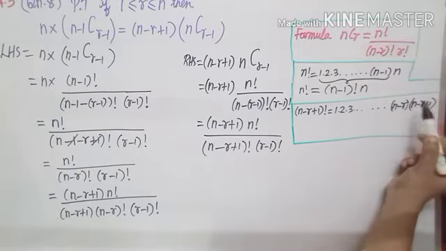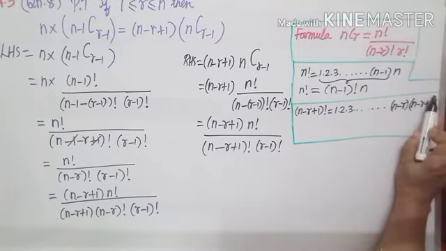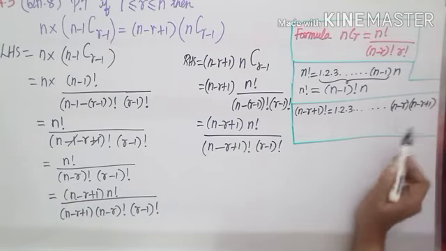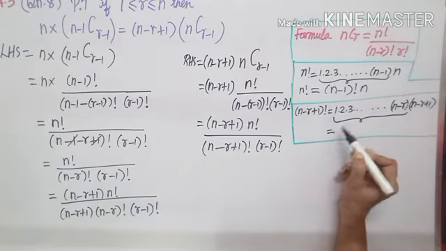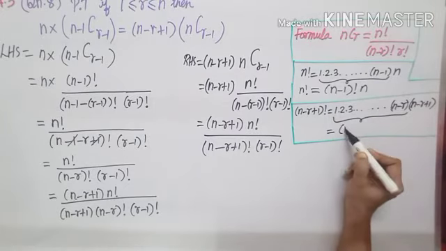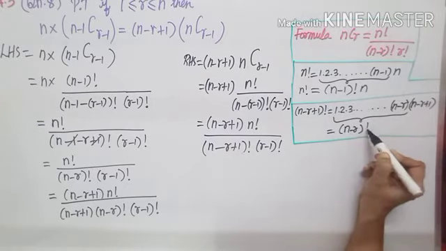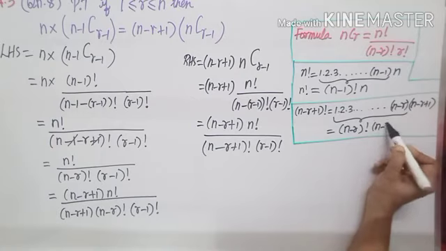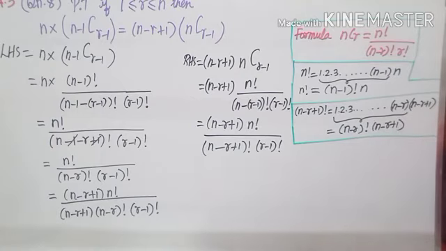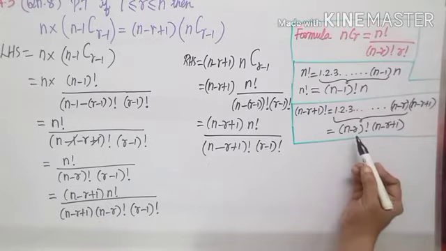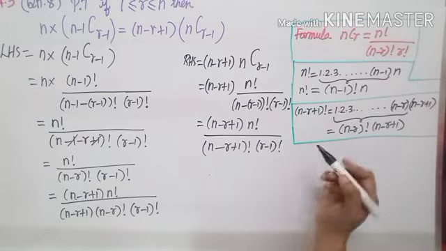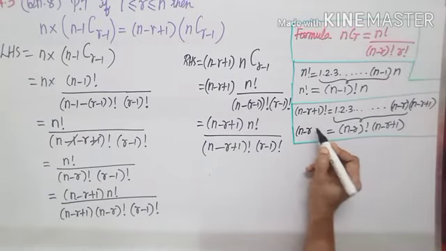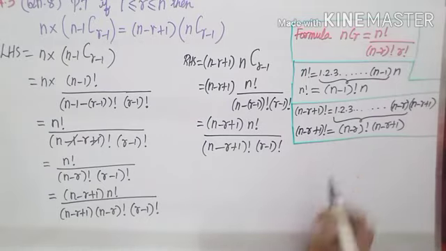What is the previous number? Forget 1. That is the previous number, that is n minus r. So I can combine and write 1 to n minus r is n minus r factorial into n minus r plus 1. That is what I have in the LHS. So n minus r factorial into n minus r plus 1, I can write n minus r plus 1 factorial.